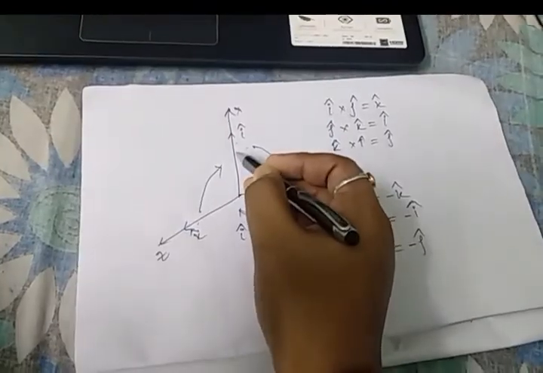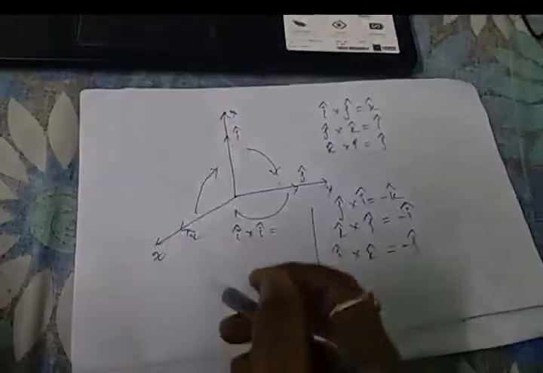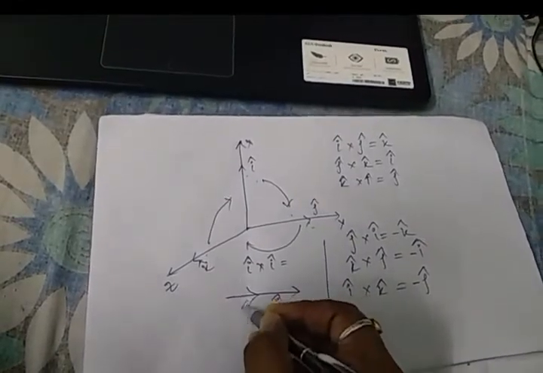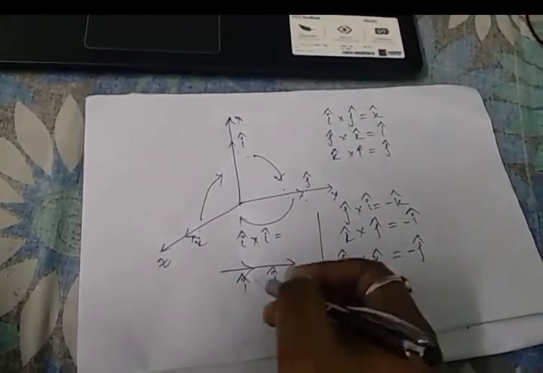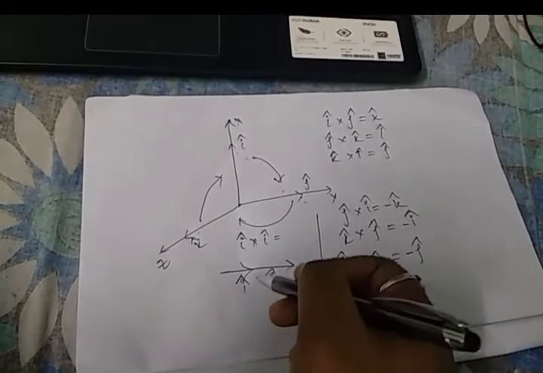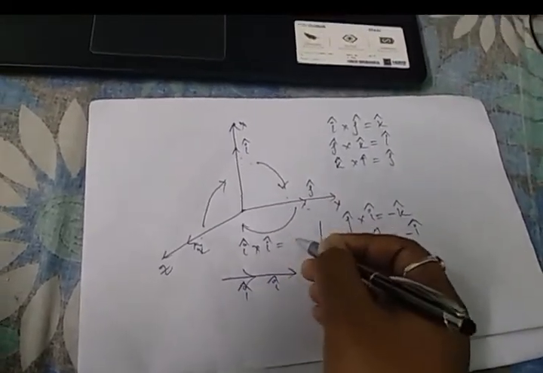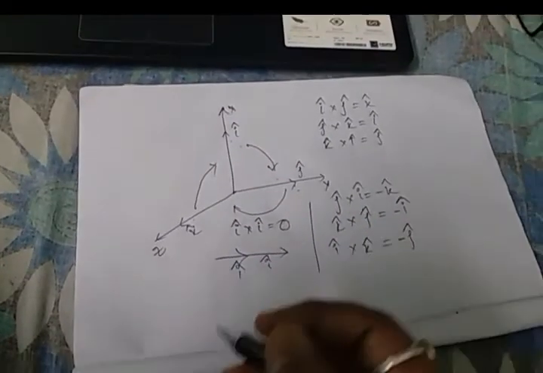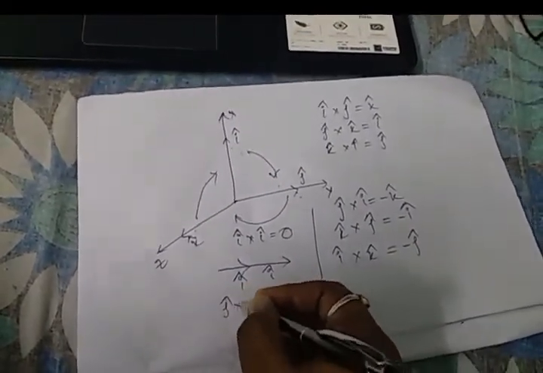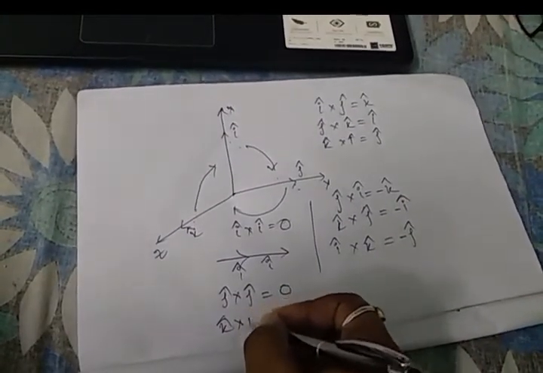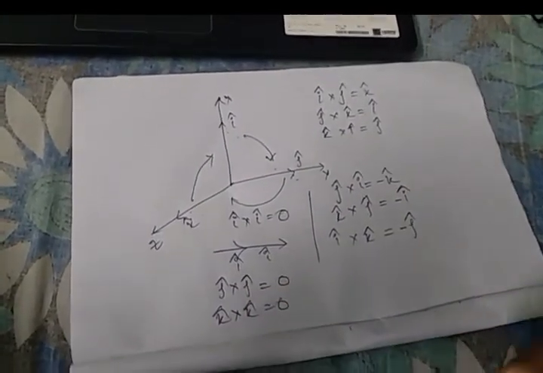This is our i cap and this is another i cap, so the angle between them is 0. That's why the cross product of two same unit vectors, or two same vectors, is equal to 0. Similarly, j cap cross j cap is equal to 0, and k cap cross k cap is equal to 0.